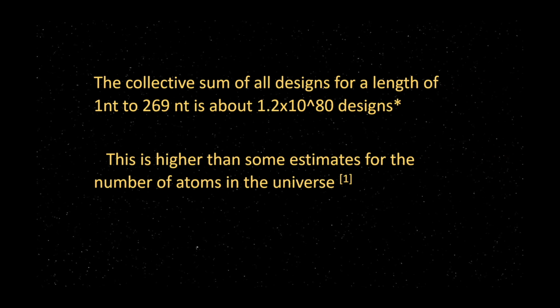But based on that doubling power, if we add a single nucleotide to make it 270 nucleotides long, we've just created twice as many designs as there are atoms in the universe.